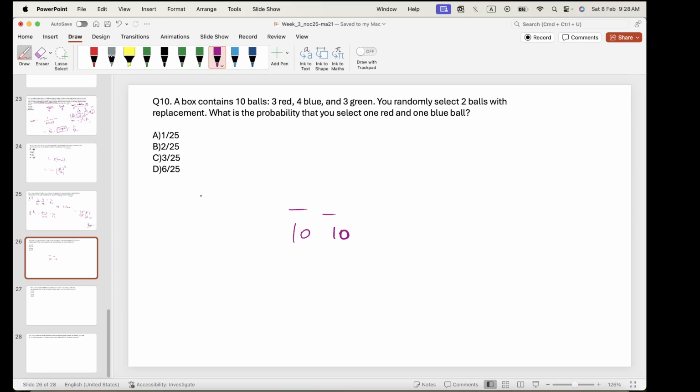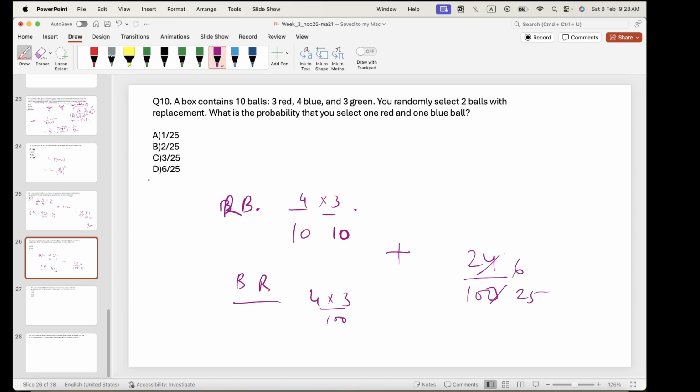So if I have red and blue, then 3 into 4, and blue and red is also 4 into 3, by 100. If we add these two up, we'll have 24 by 100, which is 6 by 25. Okay, moving on.